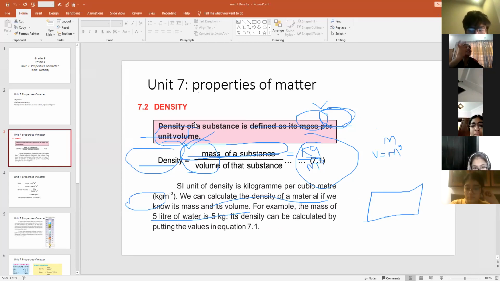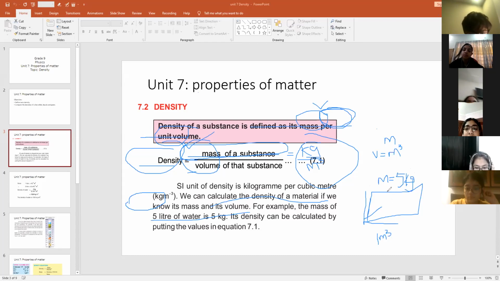So if you just take a wooden block, obviously this wooden block must have some mass and that must be in kg. So let's say the mass of this wooden block is 5 kg, and let's say it has a volume of 1 meter cube. So we can easily calculate the density. Density will be equal to mass over volume.